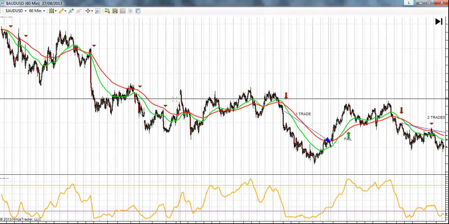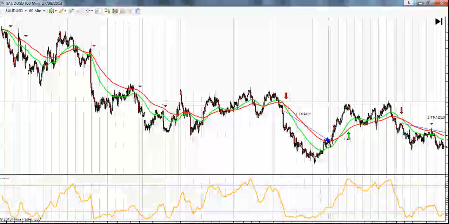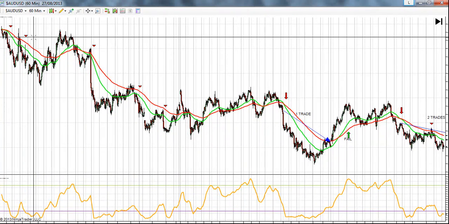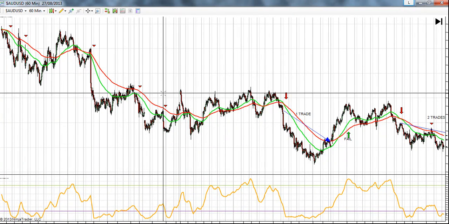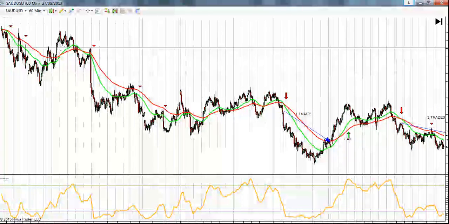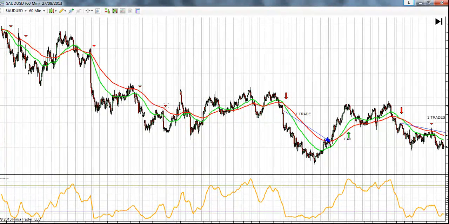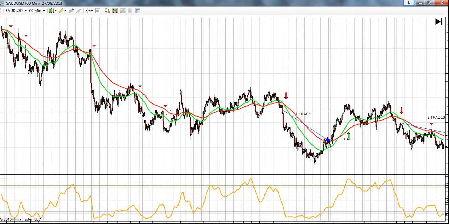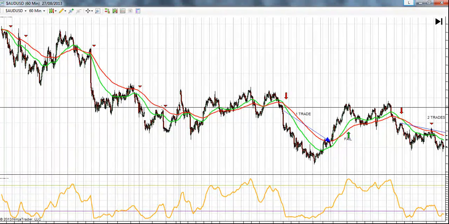And obviously the last trade, you're never sure which one is going to be the last trade because you don't know when the trend's going to finish. The last trade is always going to be the riskiest, but you've got to remember you've locked in all these other profits behind it. So you've already locked in profits, so you're really risking nothing on this trend.